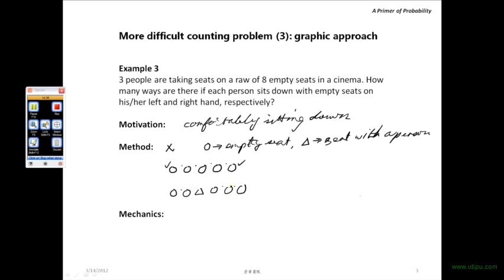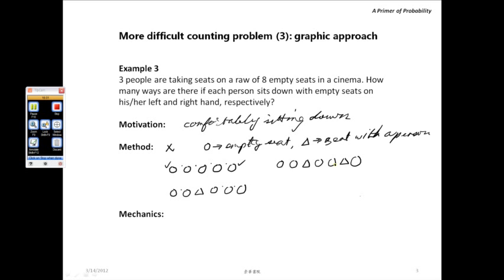Let's graph it as below. So now we have 1, 2, 3, and we have the second person arranged.